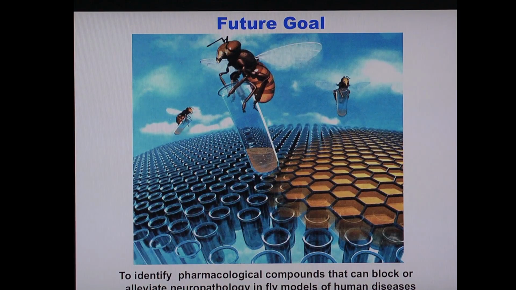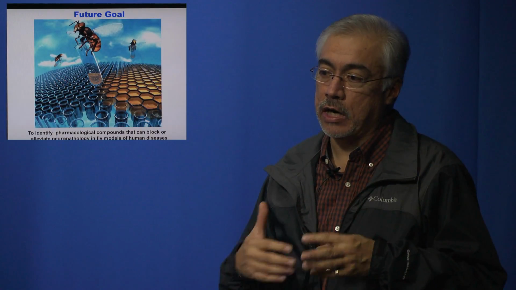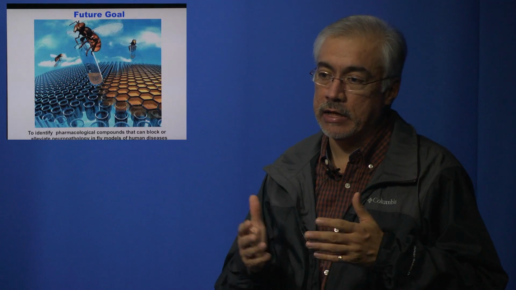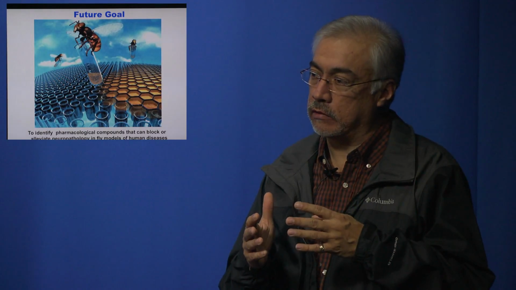So what's the future of this? What do we want to do with these models? Well, we have models for Alzheimer's, Huntington's, Parkinson's, ALS, and so on. So there are other researchers that are trying to generate thousands of compounds that are not known.